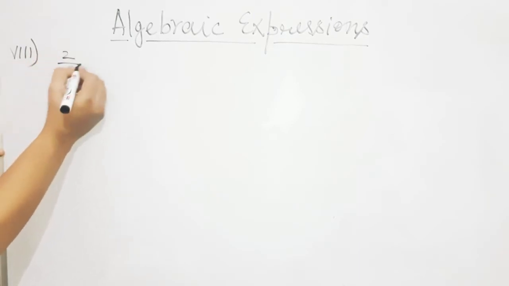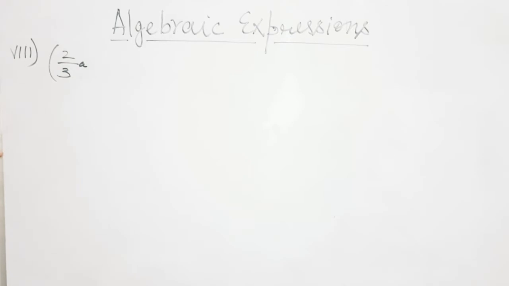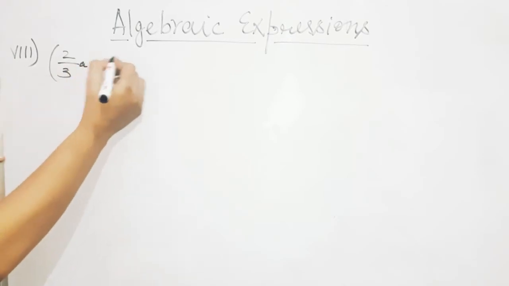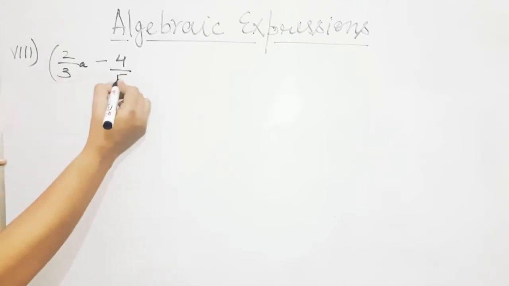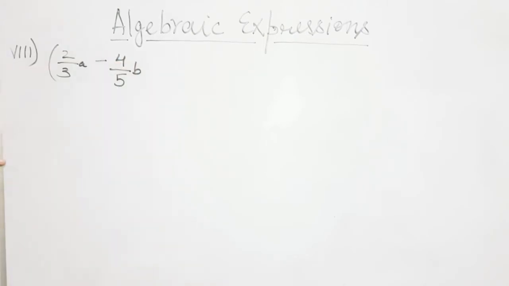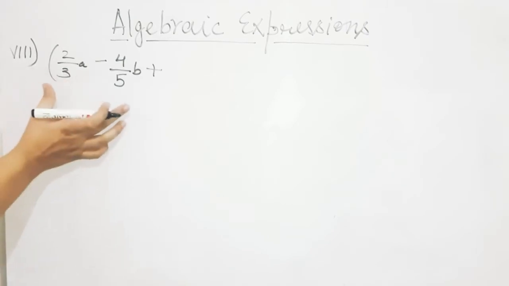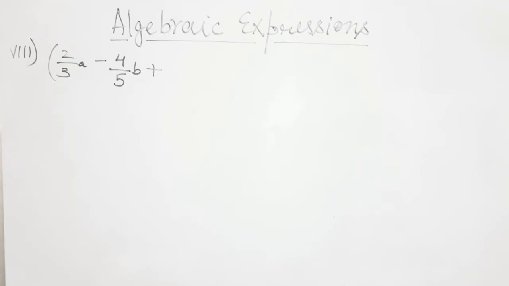So 2 by 3a, whenever we are adding the algebraic expressions, we are placing the algebraic expressions into the brackets. If we do not place the algebraic expressions in the bracket, there is no problem. But as per the rule, we have to place the algebraic expressions in the bracket, right? Because if we always remember this, then once we solve the questions based on subtraction of algebraic expressions, we are not going to forget that.